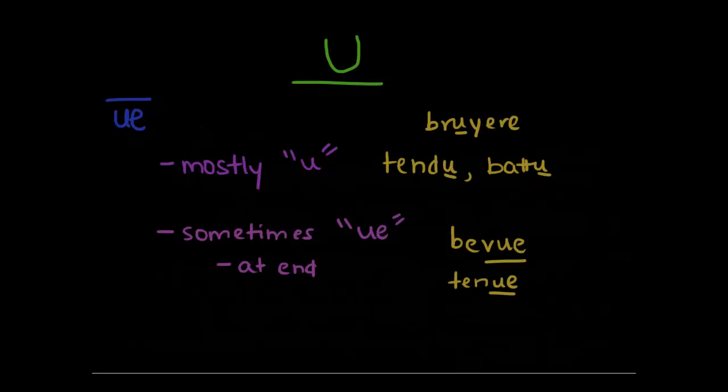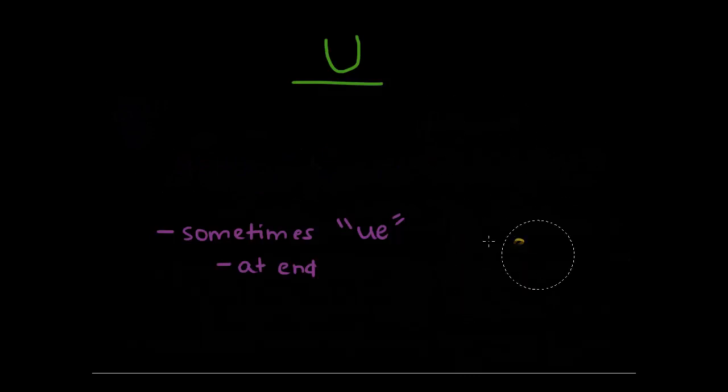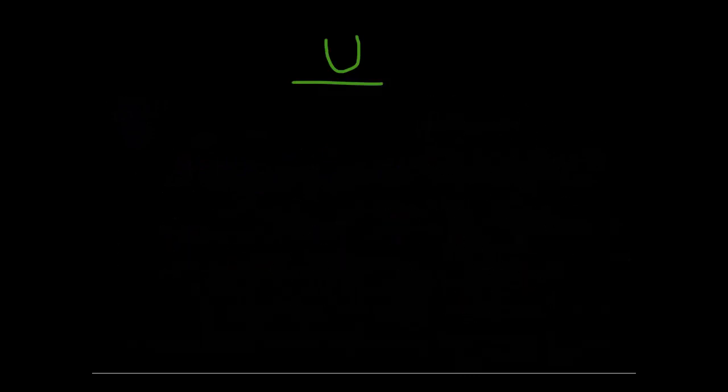Okay, final sound for U is U. It's not oo, it's the same sound with a Y in front of it. So it's a U. Let me get my color here. Okay, it's Y and U with 2 dots. It's pretty easy to figure out.